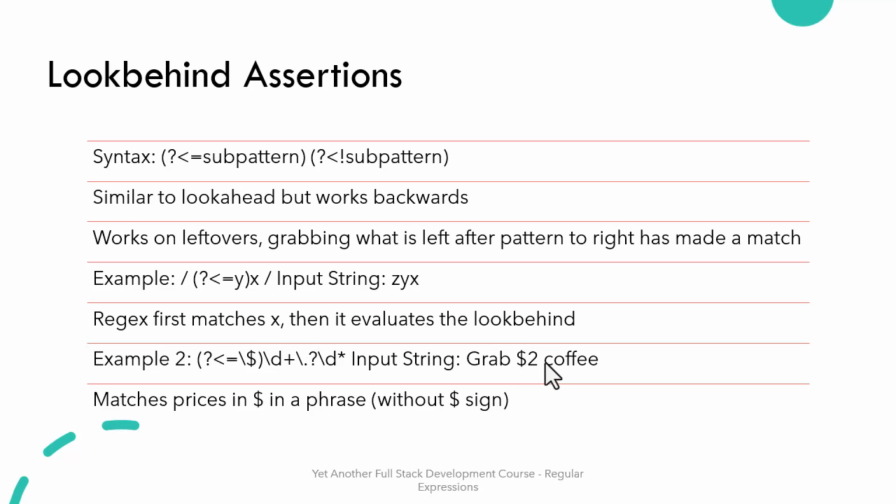It could be 2.5 or $2.7 coffee. So for that situation, we say optional dot followed by an optional number. Since it doesn't have 0.5 or something, that is completely okay. So this example is going to match just the 2 part in this phrase.